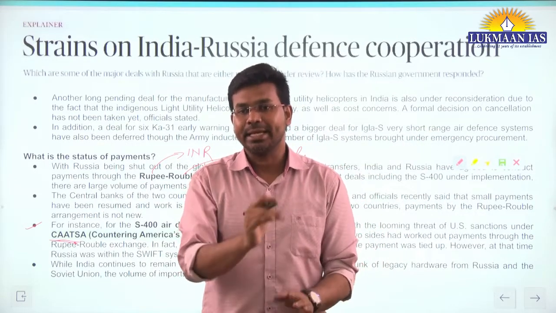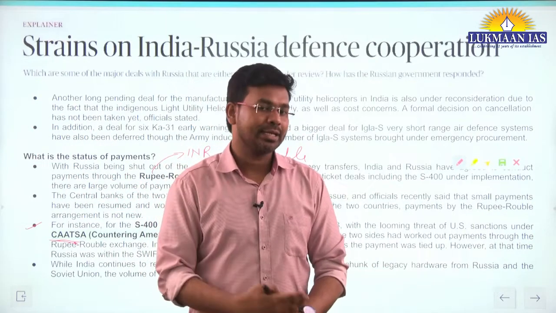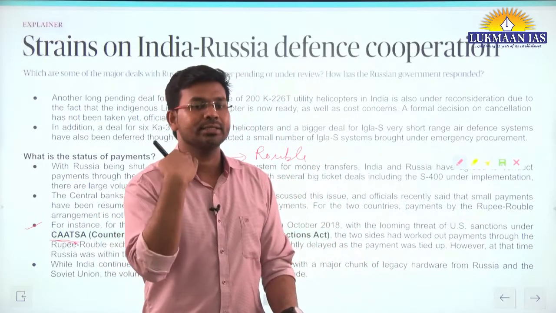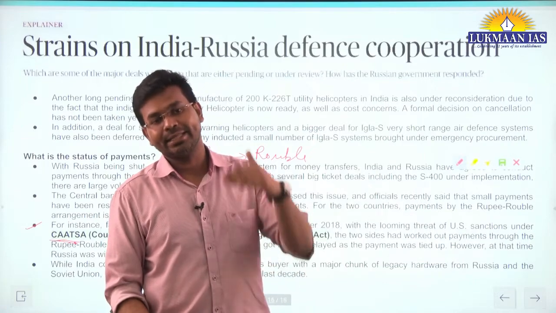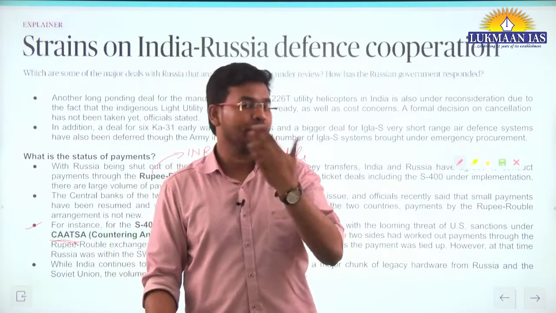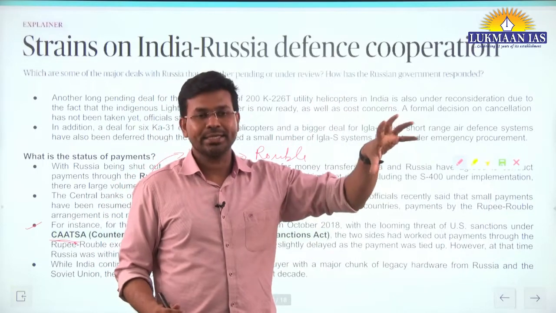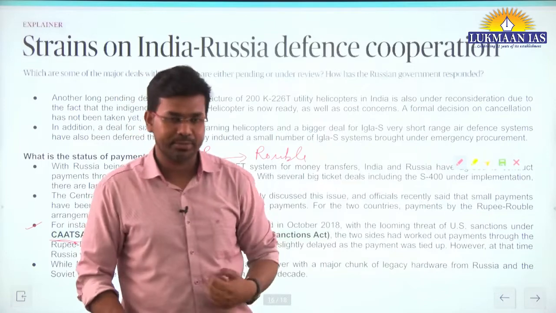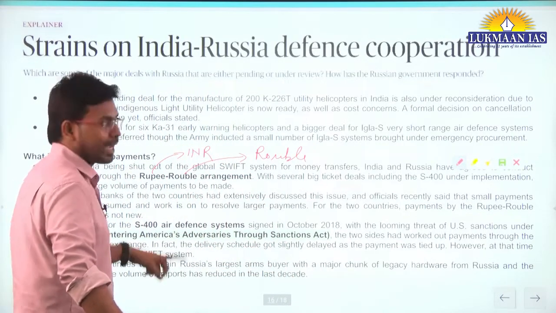Under that legislation, it has some adversaries. For example, it considers Russia as an adversary, it considers North Korea as an adversary, it considers Iran as an adversary. Okay, so any country that is having some kind of export-import arrangement with these countries, the USA tries to condemn them, and tries to stop those arrangements through this particular Sanctions Act, which is the CAATSA Act.